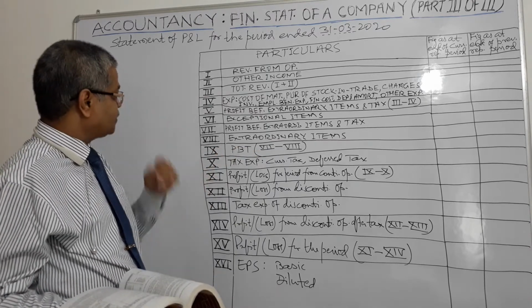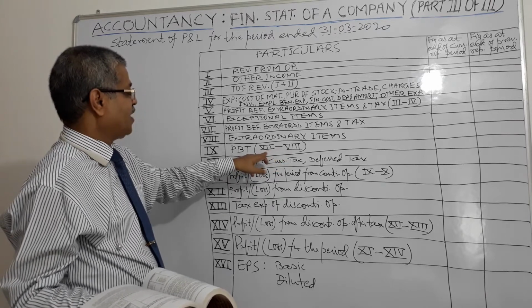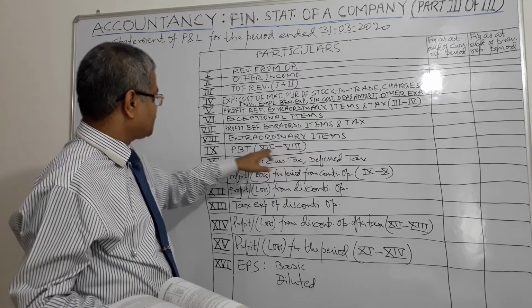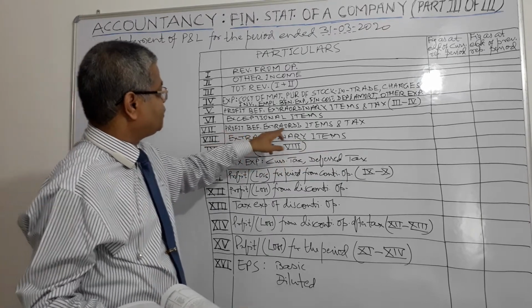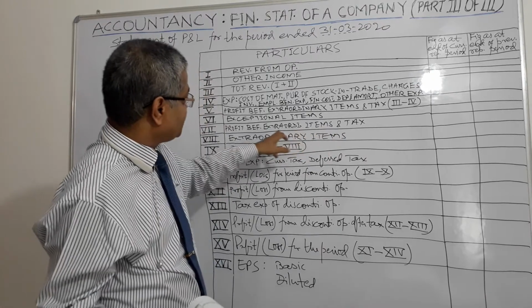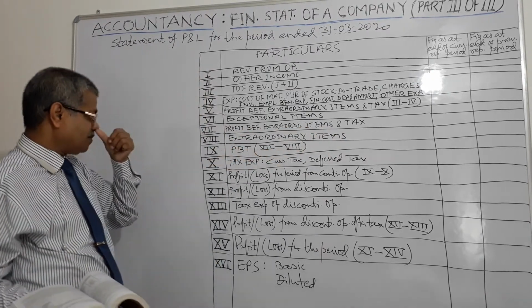How do we get that? We deduct 8 out of 7. 8 extraordinary items we deduct from profit before extraordinary items and tax. So when we deduct extraordinary items, profit before tax comes here, right?